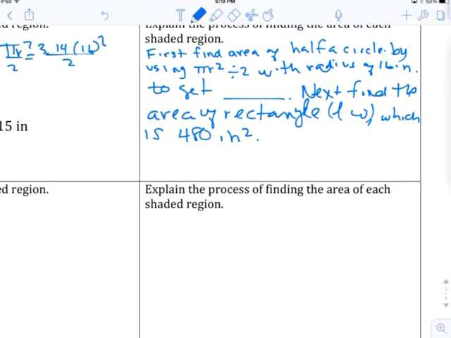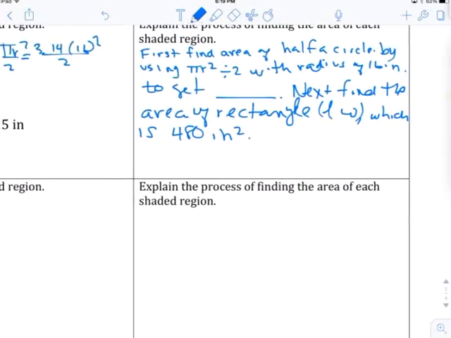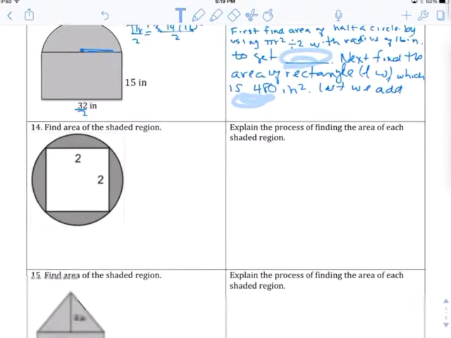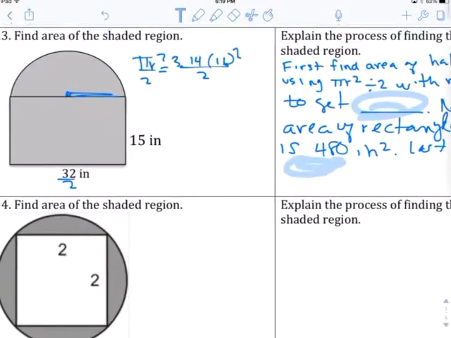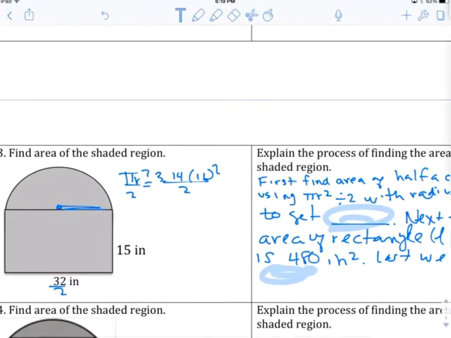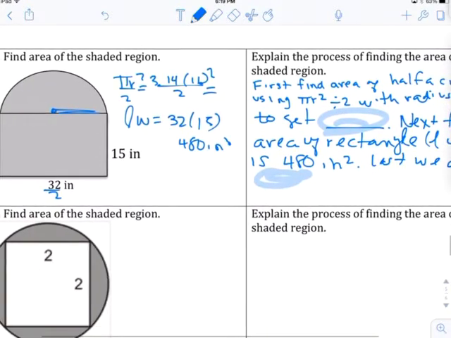Last, we add whatever this answer is to that answer to get such and such, okay? You don't need to do the Pythagorean theorem because we know all the measurements. There's no measurement missing. Length times width, that's 32 times 15, 480 inches squared. Get this answer, add them together, and that's your final answer.